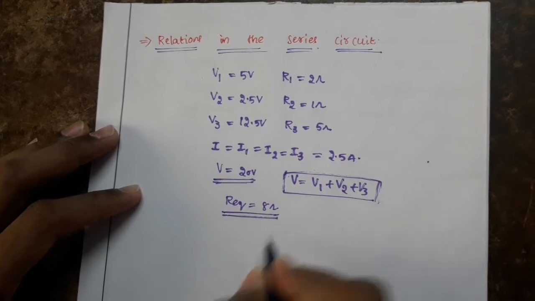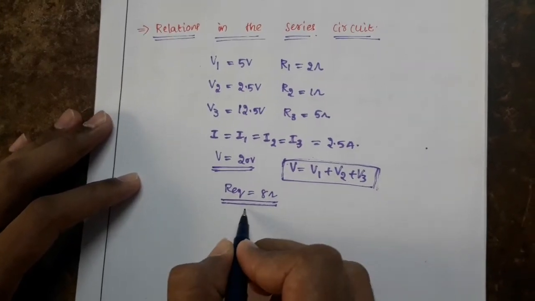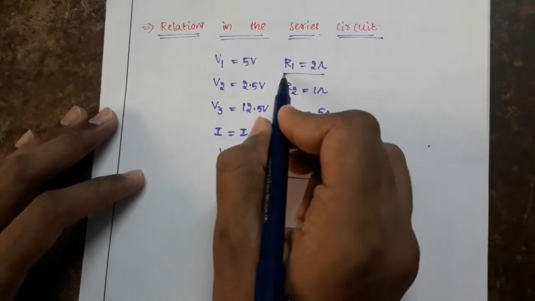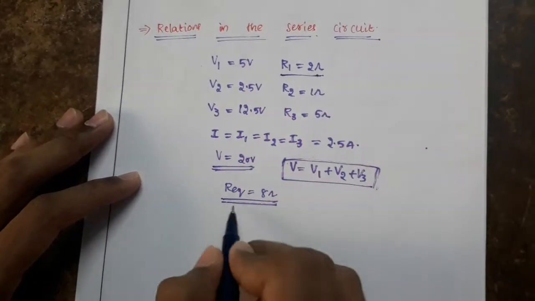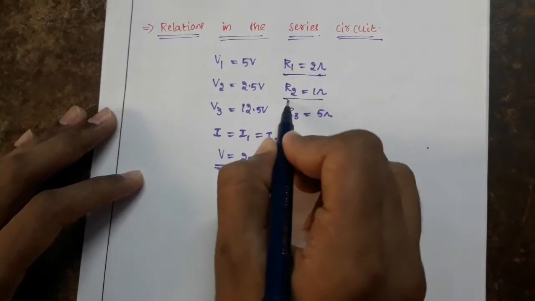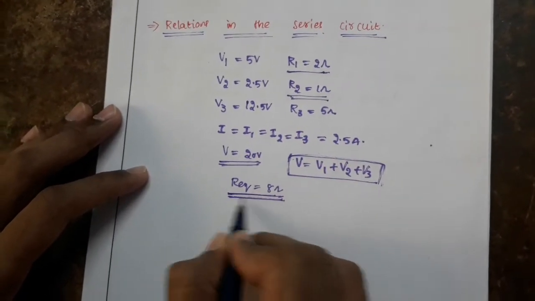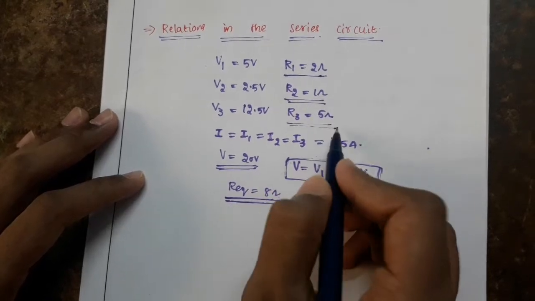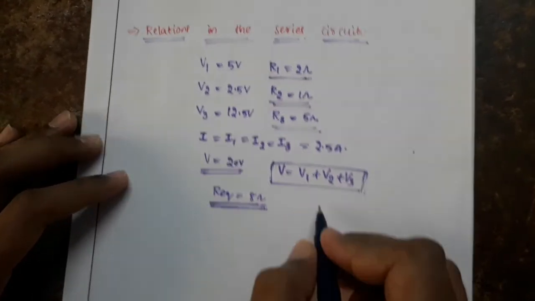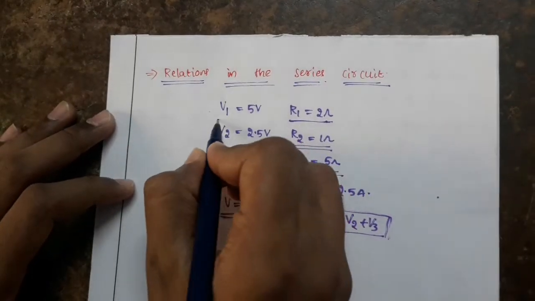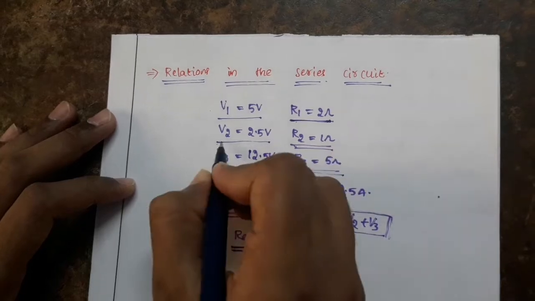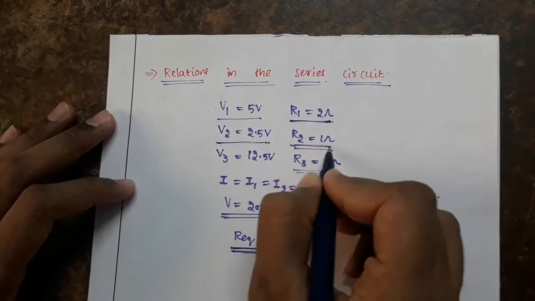Coming to the R equivalent, it is more compared to individual resistance, that is R1 is of 2 ohm but less than R equivalent, R2 is 1 ohm less than R equivalent, R3 is 5 ohm but less than R equivalent. Here you can see that V1 is of 5 volts and R1 is of 2 ohm, V2 is 2.5 volt and R2 is of 1 ohm.